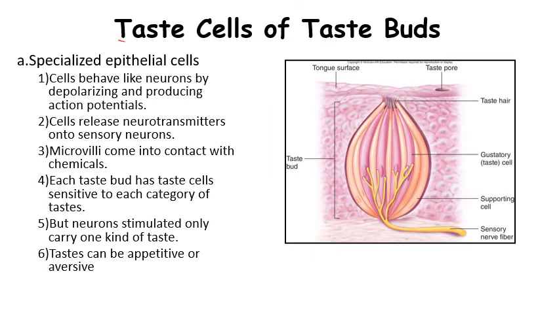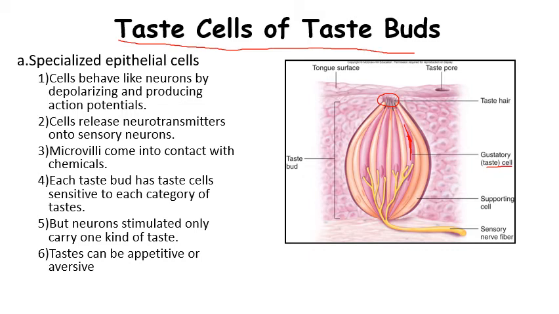So let's take a closer look at these taste cells of the taste bud. The taste cells, or gustatory cells, are those that have the sensory receptors for the different chemicals. These are specialized epithelial cells. Remember, they are not neural tissue, but they operate very similar to a neuron in that the chemicals that stimulate them cause depolarization.